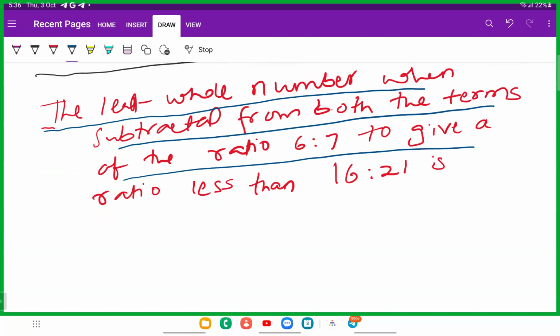So this is a simple problem, but quite tricky. What is a whole number? It starts from 0, 1, 2, 3, and so on till infinity.